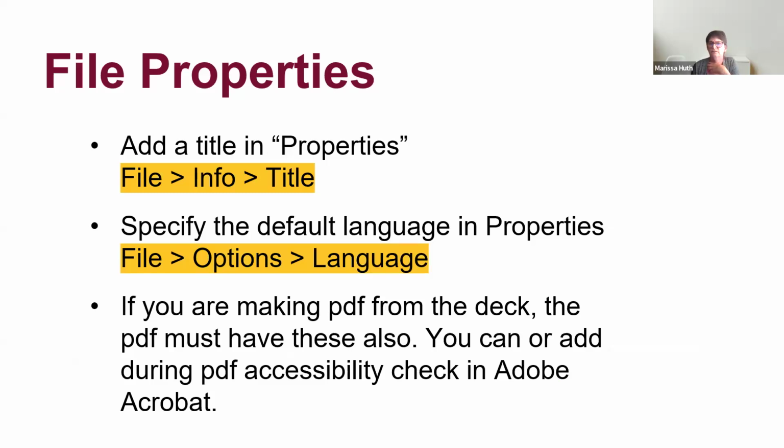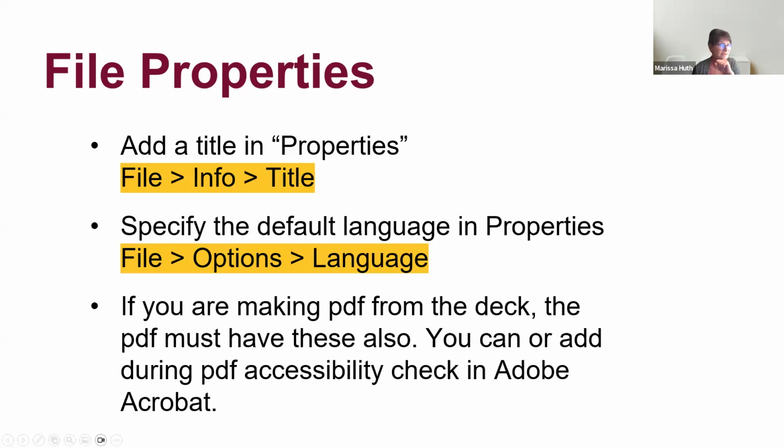Then also, I wanted to mention that you need to add a title for accessibility in properties, and you need to specify the default language in properties. I found this a little hard to find. I did find it, but the explanations on the internet of where to find those things were not current.